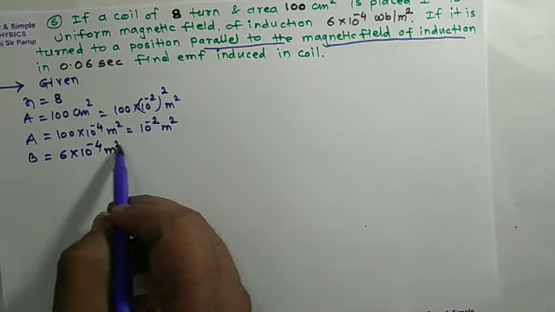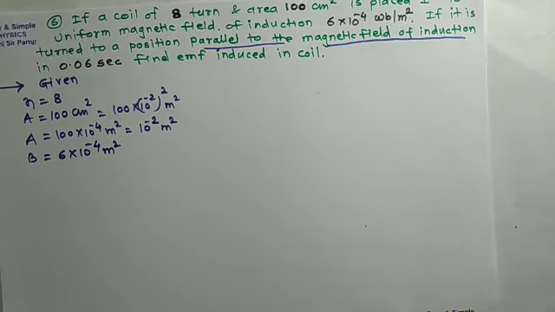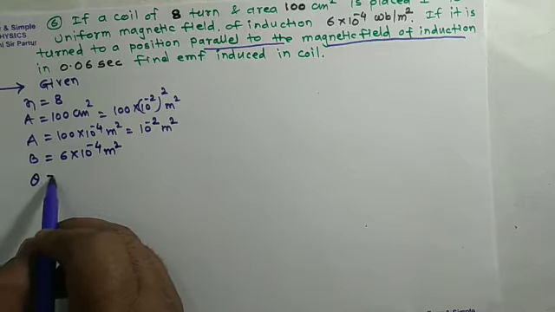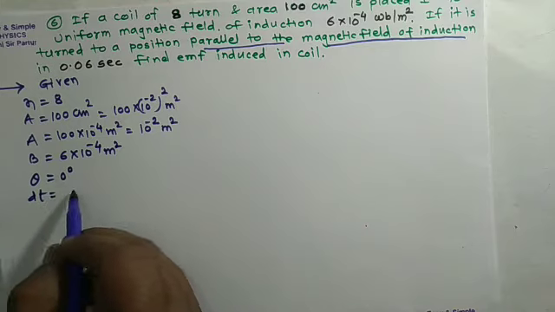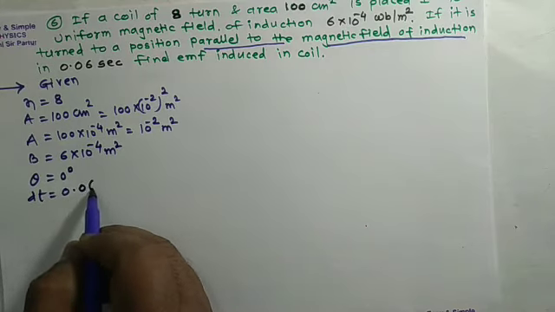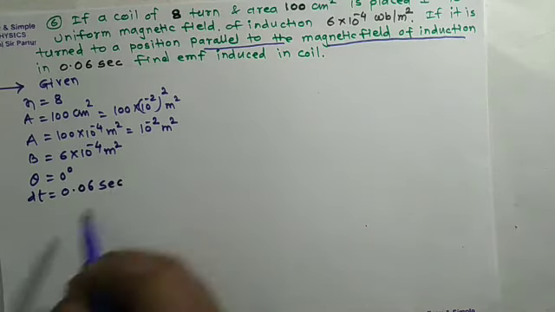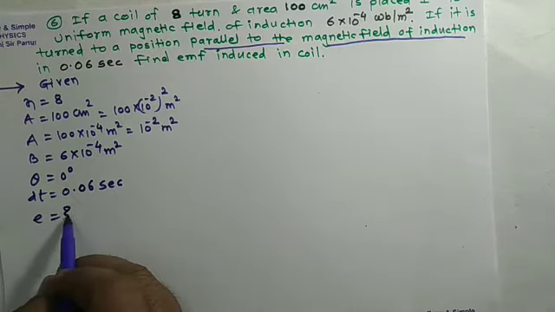If it is turned to a parallel position, theta is equal to 0 degree. The change in magnetic field induction takes place in time dt, which is 0.06 second, and we can find out the EMF.